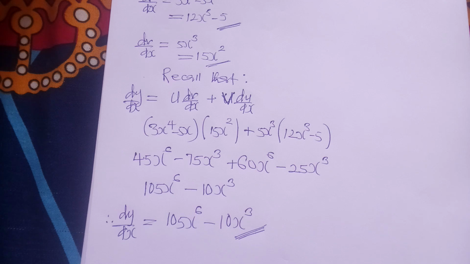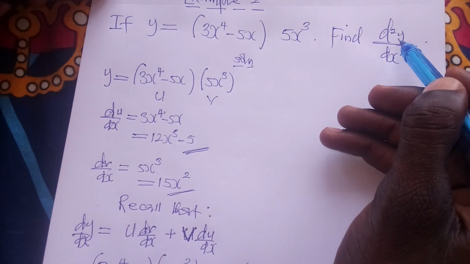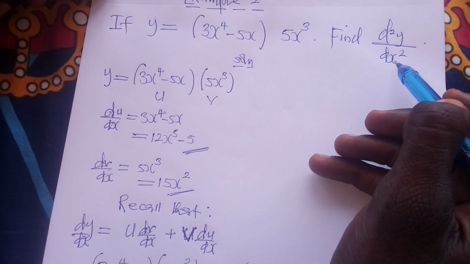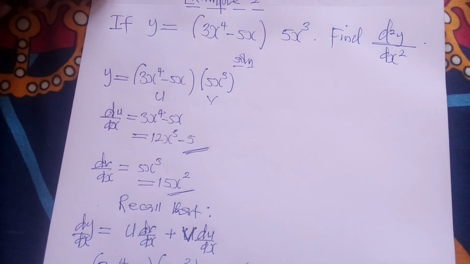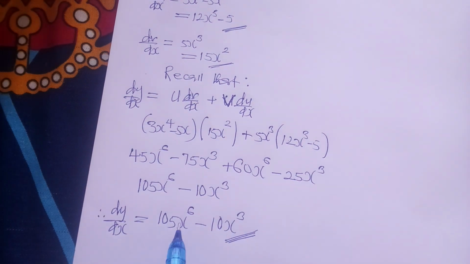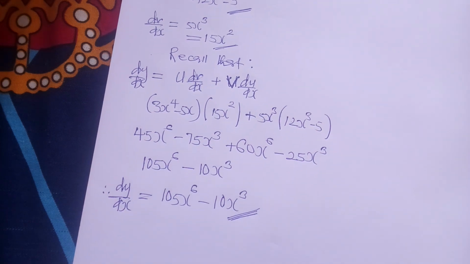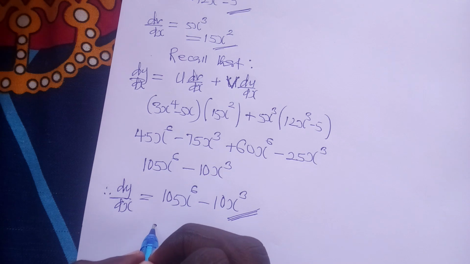But the question says we have to find, let's look at the question again. We are asked to find d square y upon dx square, meaning this is the second derivative. It means the answer that we have, let's use it also to differentiate. Now we say second derivative.